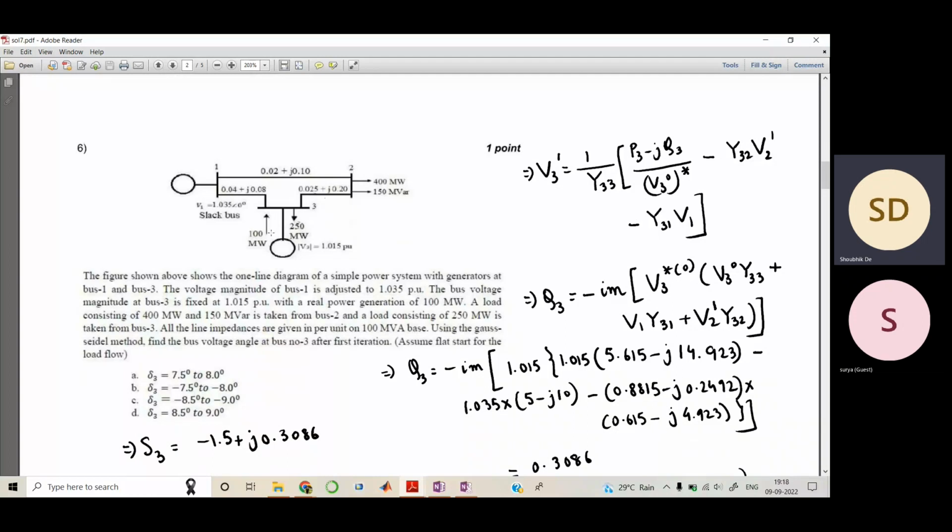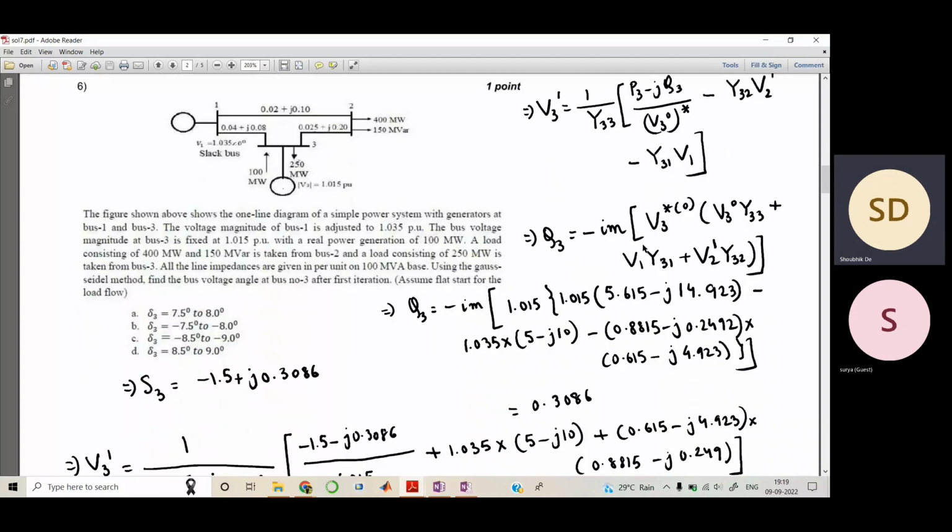So the net active power from bus 3 in per unit will be 100 minus 250 by 100, which is minus 1.5. So we need this Q3 also, right? Because clearly this is a generator and it will be generating some reactive power. So we need to get a hold of Q3 for calculating V3 after the first iteration.